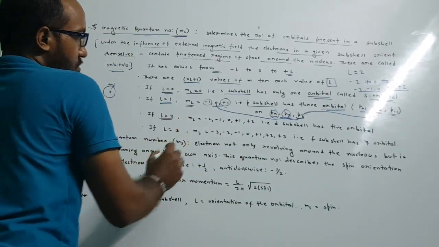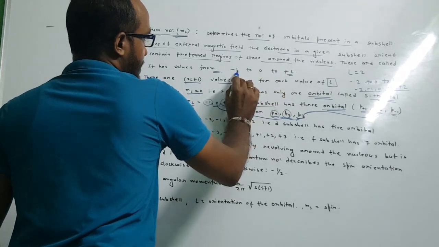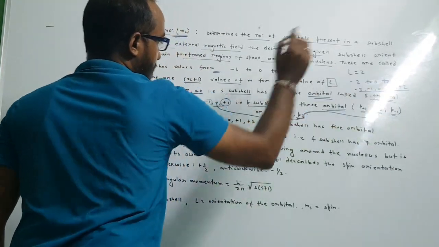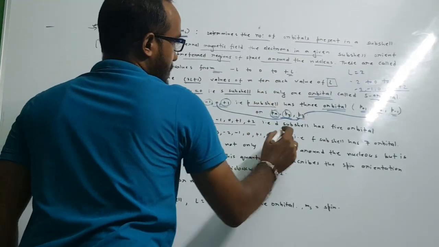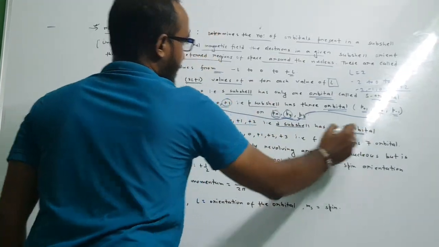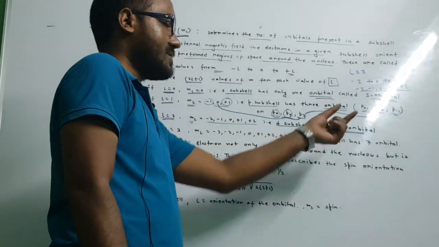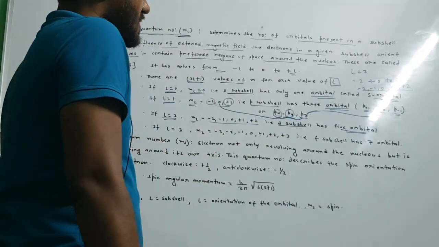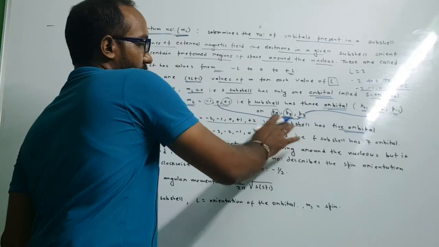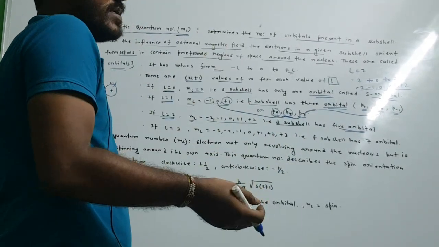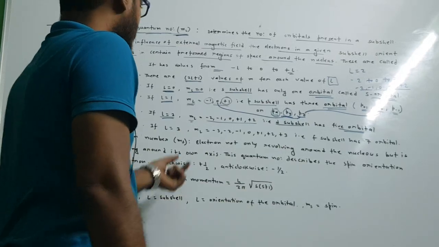If L equals 2, that means minus 2 to plus 2, as I have already explained: minus 2, minus 1, 0, plus 1, plus 2. That is 5 values, so the D subshell has 5 orbitals. We will see the structure of the 5 orbitals in the next slide. They are dxy, dyz, dzx, dx square minus y square and dz square.